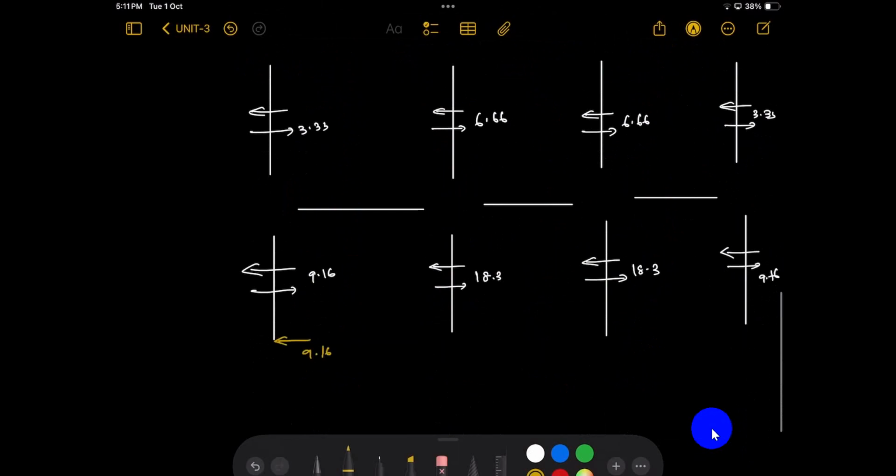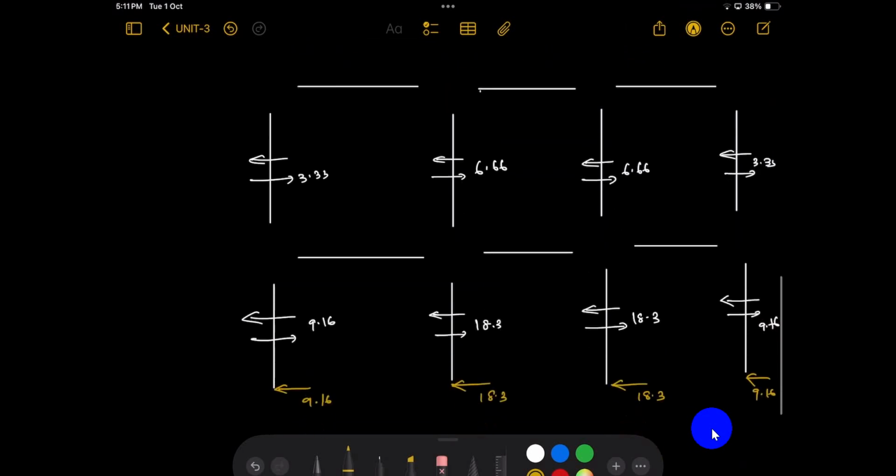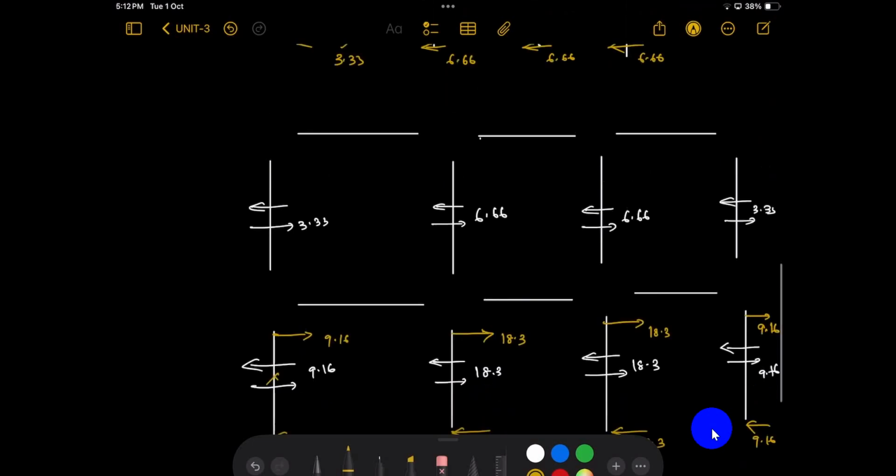This is 9.16, this is 9.16, you can write like this only. This is 9.16. Cut it, and you can balance the transverse load, shear only. So you can write down 18.3, 18.3, 9.16.